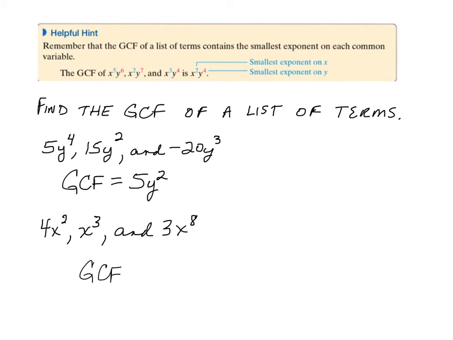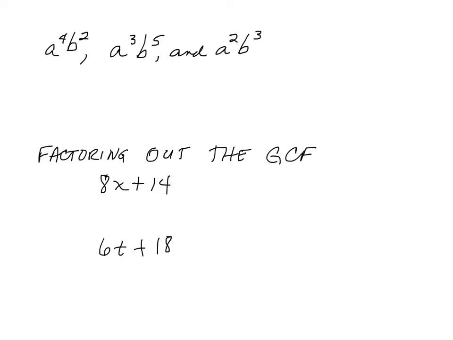But we don't write 1 as a coefficient. So let's forget about the 1 and just figure out what exponent we should put on our x. So x to the what is the GCF? X squared. Okay.